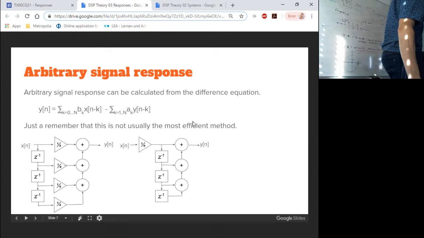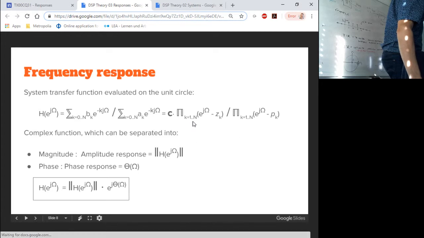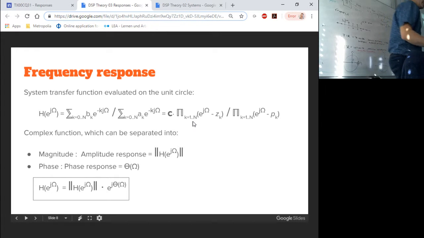All right, so yeah, good. So that was the time-based responses, basically just one, which is the impulse.